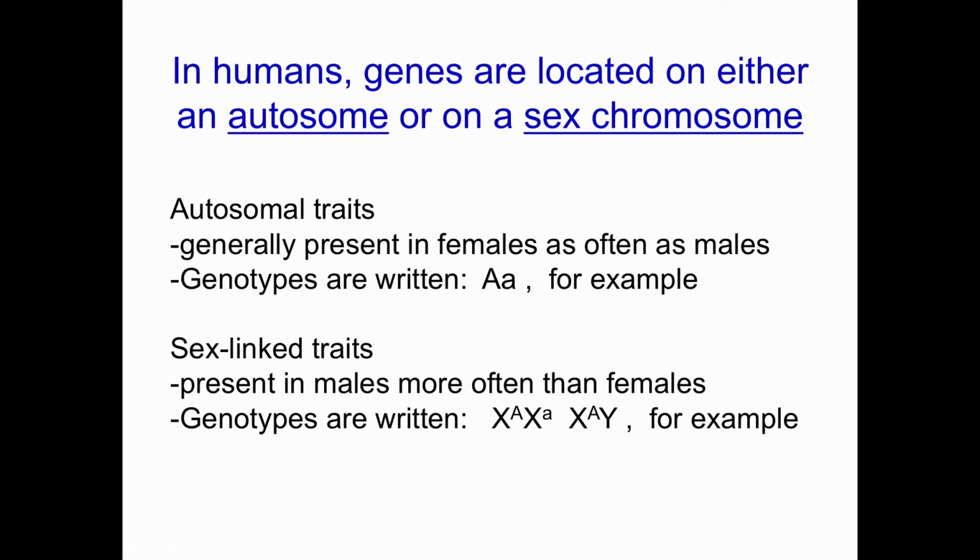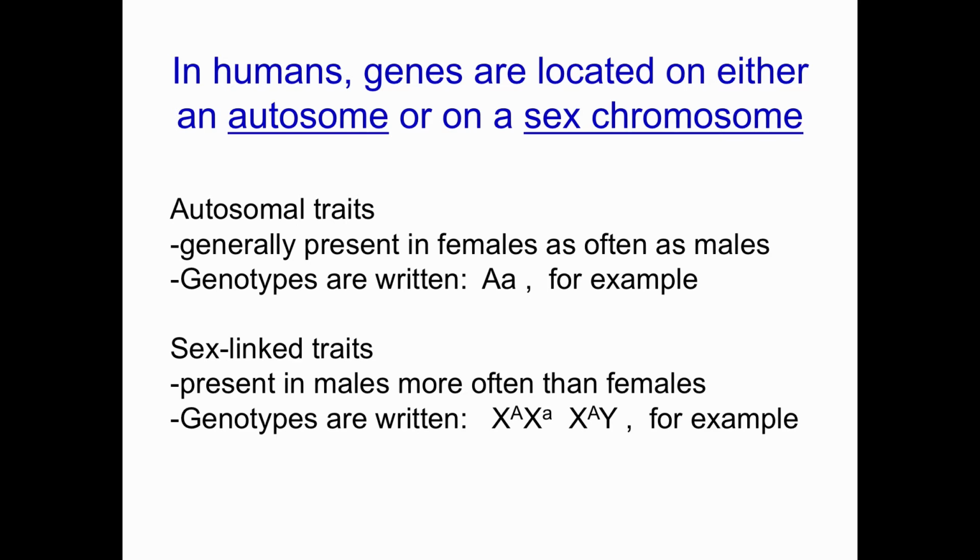If the genes are located on chromosomes numbers 1 through 22, those are called autosomes. If the genes are located on the sex chromosomes, pair number 23, those are sex chromosomes. So, as a general rule of thumb, if the trait is carried on the autosomal chromosomes, numbers 1 through 22, historically, the condition will be present in females just as often as it is in males.